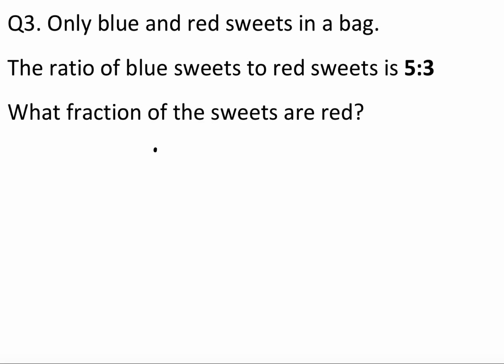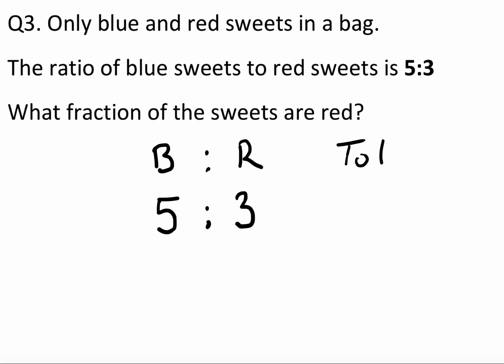So if we put a B and an R like that, blue 5, red 3. So we want the total. So what's the total? The total would be, you add them together, the 5 and the 3 will give you 8.